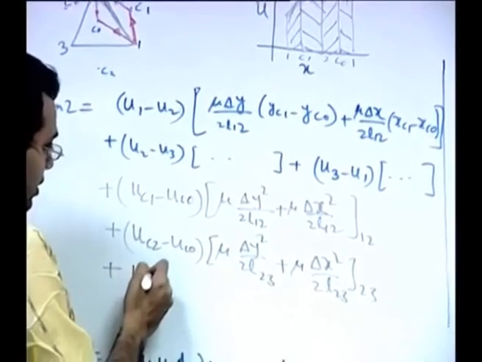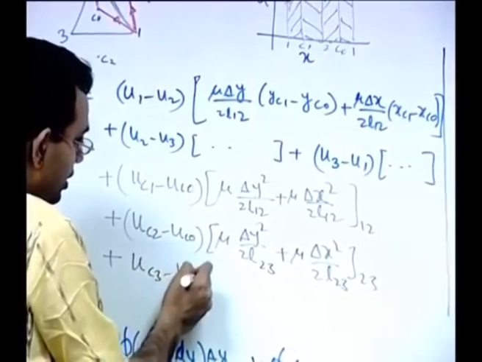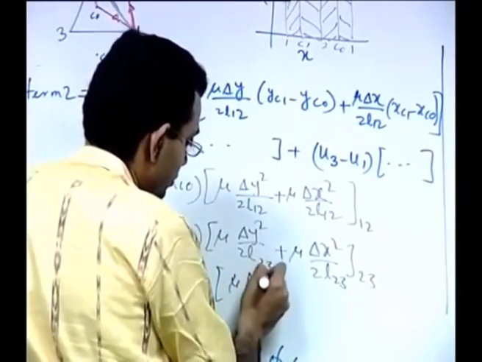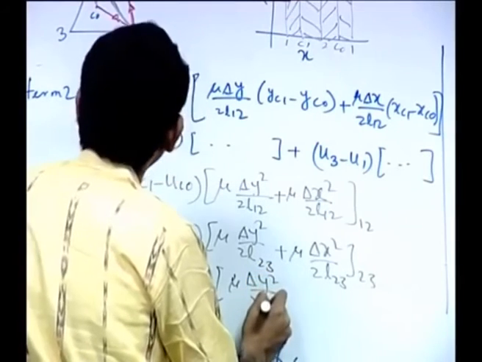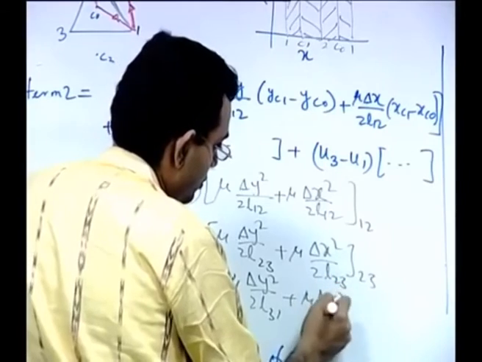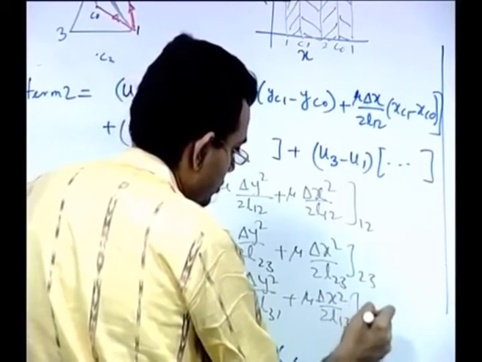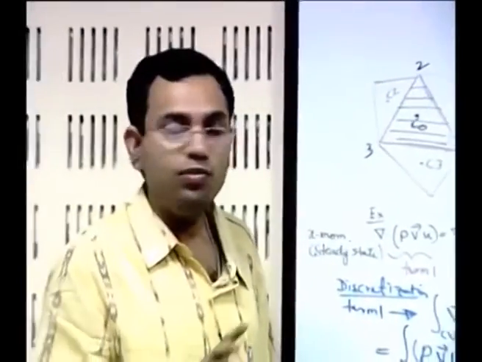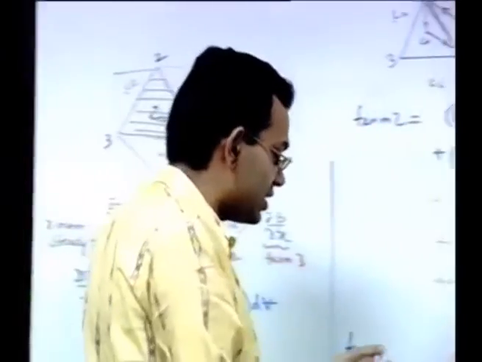Similarly plus UC3 minus UC0. Essentially what we are writing by term 2 is nothing but diffusion flux, right, and what you can see is that the diffusion flux has two different categories.